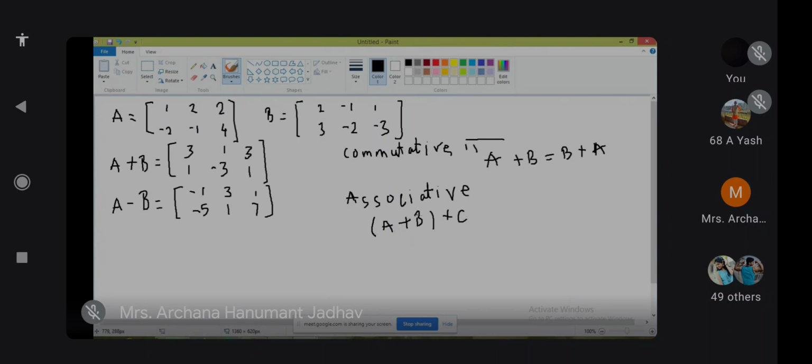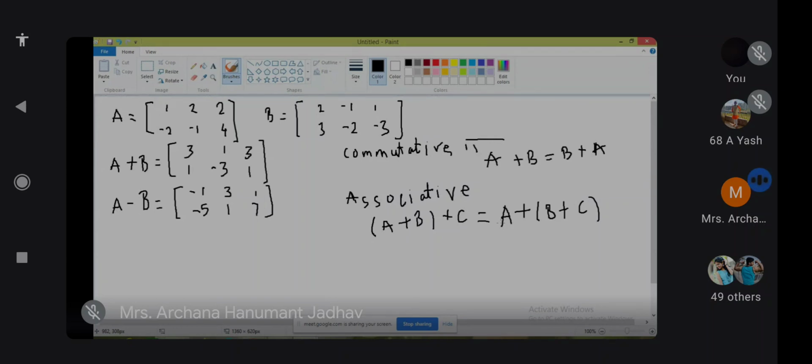So if we add first two matrices and then add third matrix, it is equal to A plus, and then add B plus C in bracket. आता ह्या ब्रॅकेटचा अर्थ काय होतो, फर्स्ट ऍड A plus B, देन ऍड जो नवीन मॅट्रिक्स येईल A plus B चा त्याच्यामध्ये C ऍड करा. सेम थिंग, फर्स्ट ऍड B plus C आणि त्याच्यामध्ये नंतर A चा जो एलिमेंट येतो तो ऍड करा.